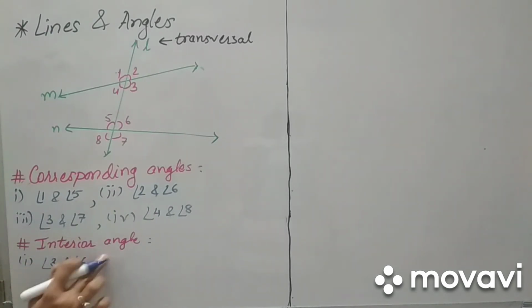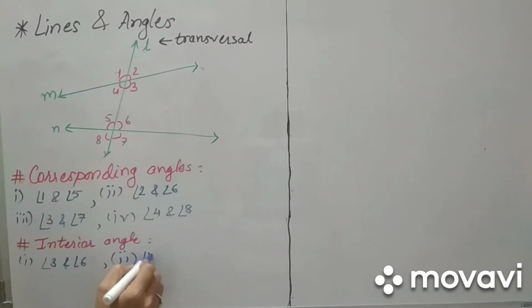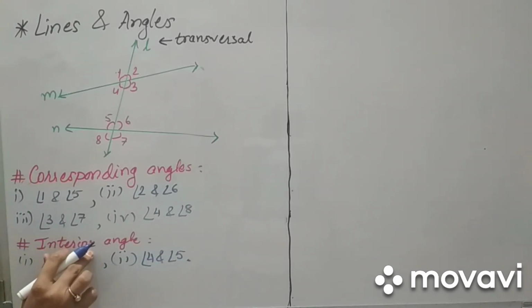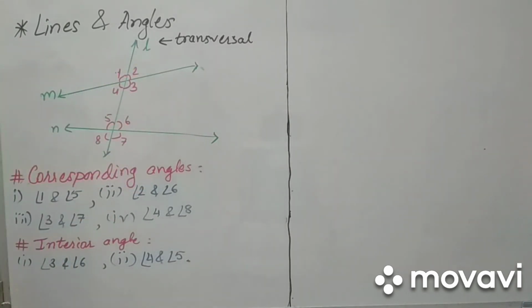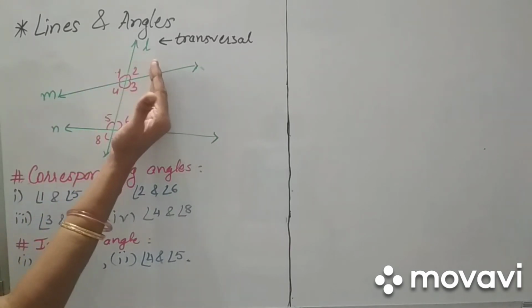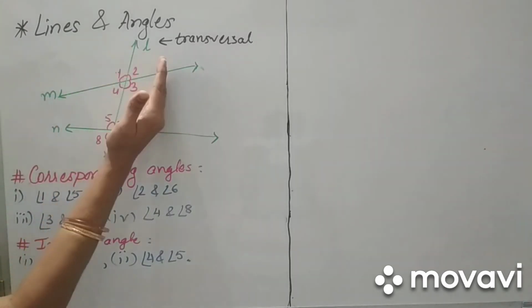Second is angle 4 and angle 5. So its name only suggests interior angles. Interior means inside both the lines, as well as on the same side of the transversal. This you have to keep in mind. On the same side of the transversal is known as interior angles.